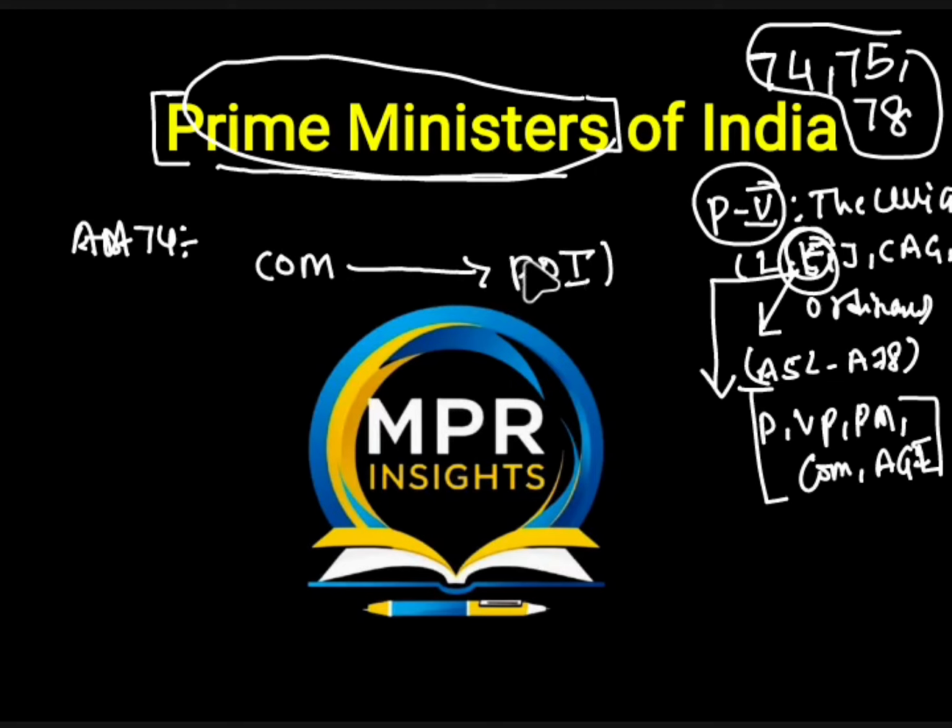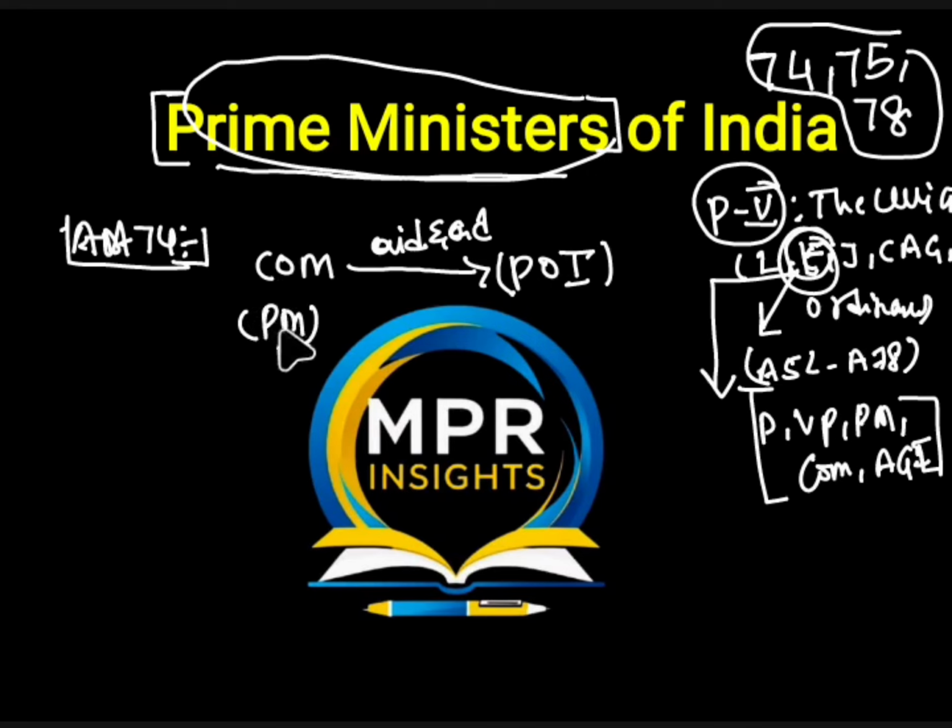In detail, the article says there shall be a Council of Ministers with the Prime Minister at the head to aid and advise the President of India. So this article indirectly says that the President of India is a nominal head, and the real head is the Prime Minister.